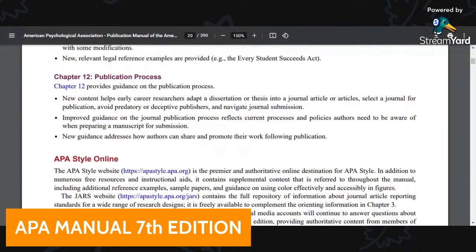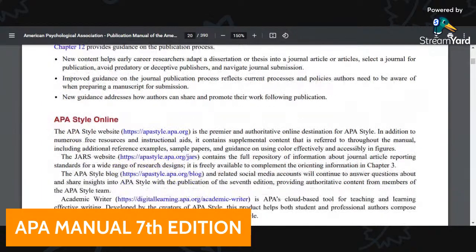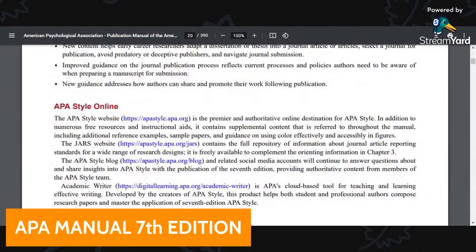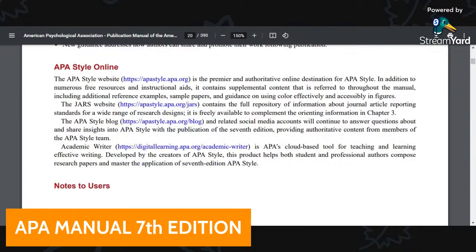If you want to search more about APA style, here are some links of APA websites: apastyle.apa.org, apastyle.apa.org/jars, and similarly the APA Style blog, and the Academic Writer site. So you can go there.